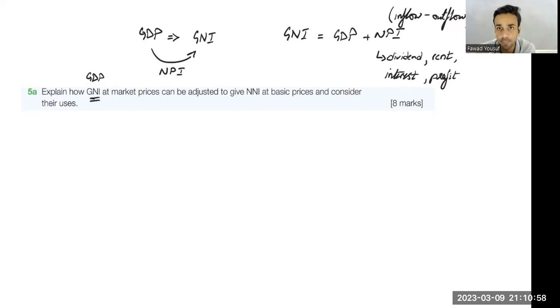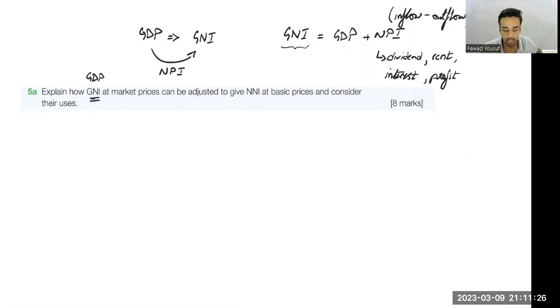So what does this do? What is GNI basically telling us? GNI is telling us that all the Pakistani resources, regardless of the boundary or the borders, if they're in your country, Pakistan, we'll calculate them. But if they're even outside Pakistan, we will add that. But all those resources of outsiders in Pakistan, we have to subtract, because they're going to go in their part of the GNI.